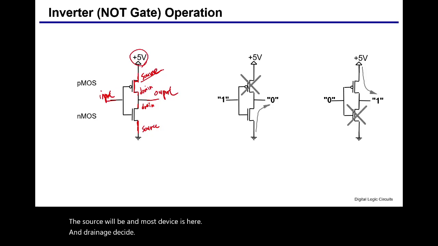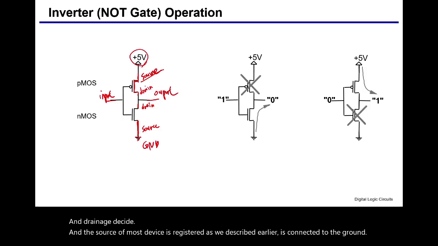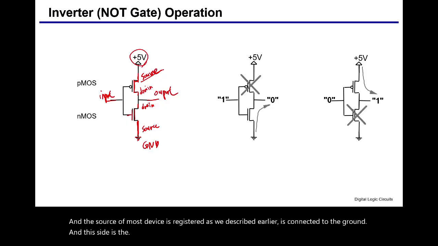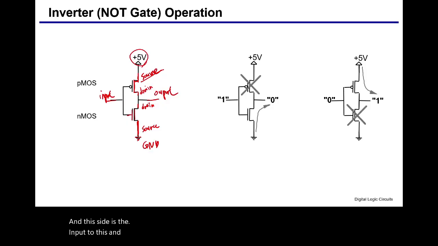And the source of the NMOS device is, as we described earlier, connected to the ground. And this side is the input to this NMOS device, the gate of this NMOS device. And this PMOS device and this NMOS device are connected to the same input, and their drains are connected together and become the output.